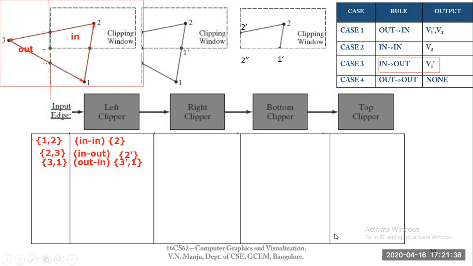The points I've got are 2, 2 dash, 3 dash, 1. I got 3 dash here. Clear with that? This is the left clipping that happened.